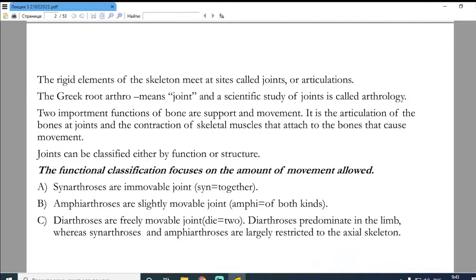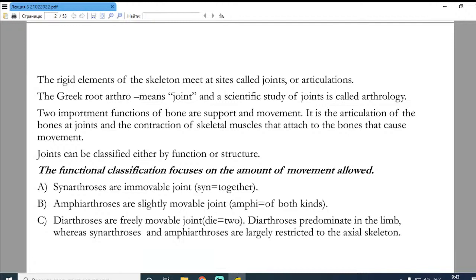It's the articulation of bones at joints and the contraction of skeletal muscles that attach to the bones that cause movement. Joints can be classified either by function or structure.